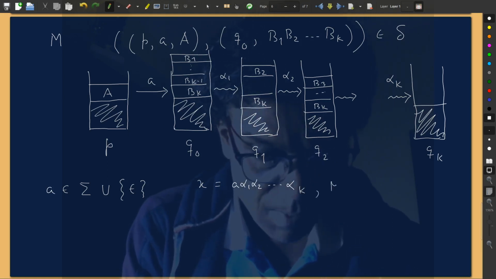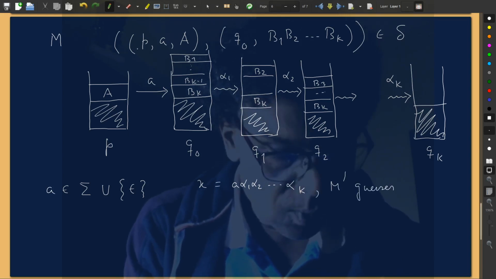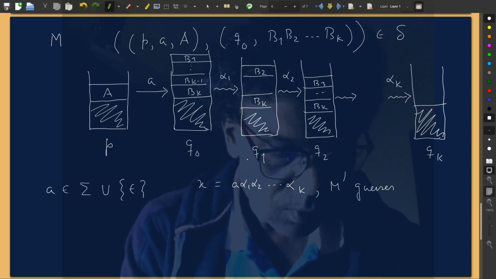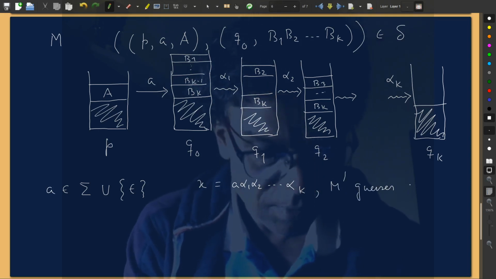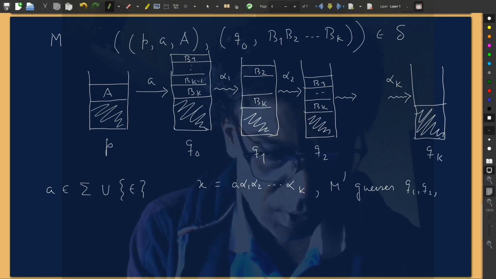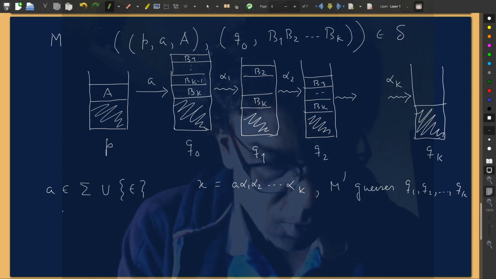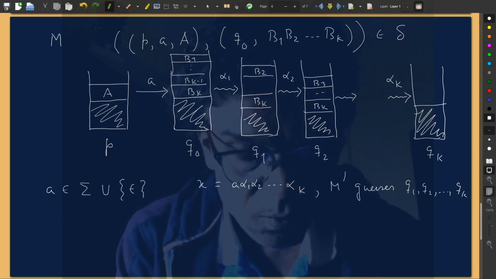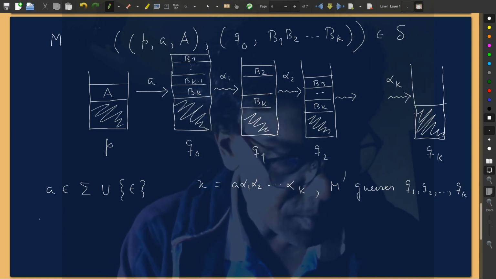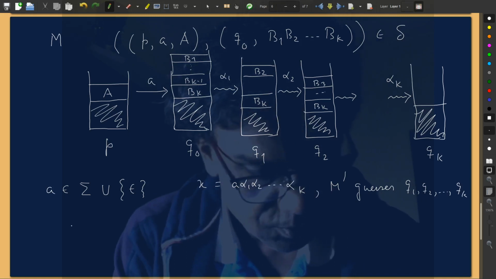This transition only gives Q0, but Q1, Q2, Qk it doesn't know. So it guesses Q1, Q2, Qk over the set of all possibilities. Therefore, if I have to convert this to a transition of the form of M prime, it will look like this.